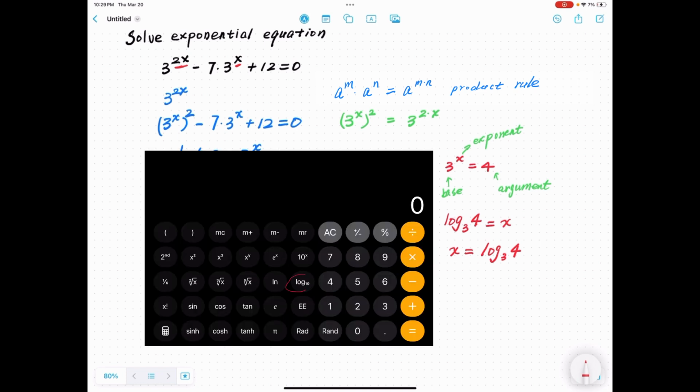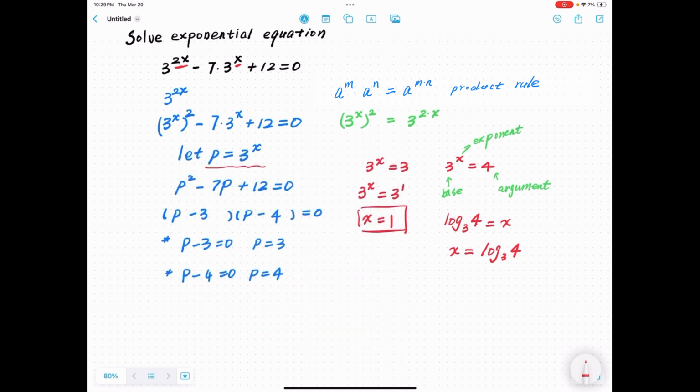If you just hit the log button on your calculator, it's assuming that you mean log base 10. If you have a logarithm with a different base, let's say log base 3 of 4, you can't just punch that button directly. You need to change the base of this logarithm to base 10, which your calculator can handle.